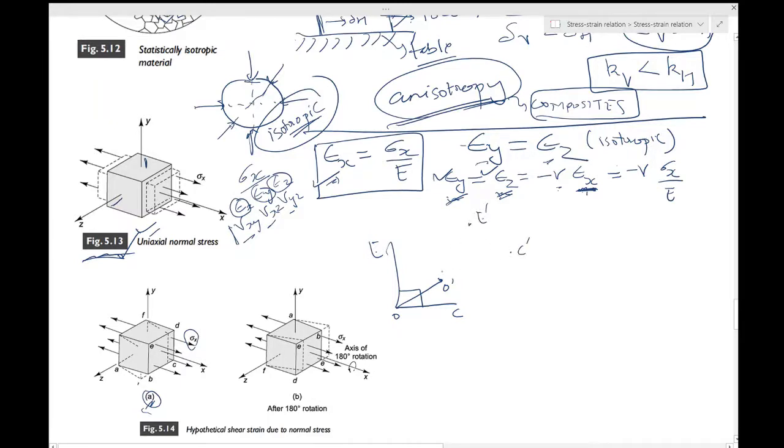So the element would now look like this, and the change in this angle from 90 degrees is what we called the shear strain. We are doing the same over here in a three-dimensional case. We want to measure certain angles, but for that we must first cause a relative rotation between two edges which were originally at 90 degrees to each other.